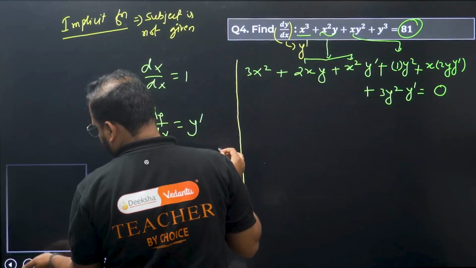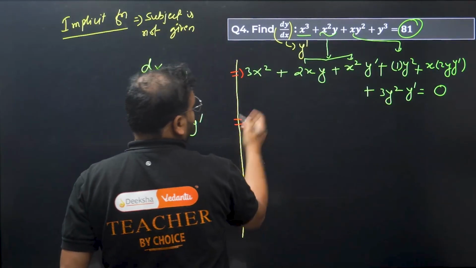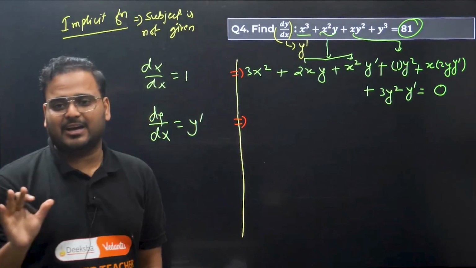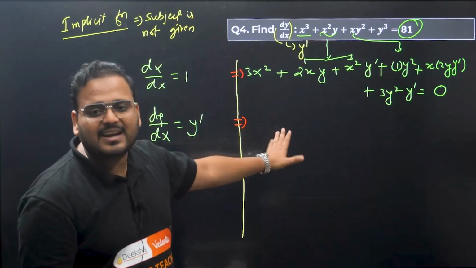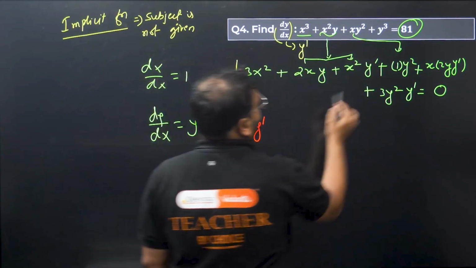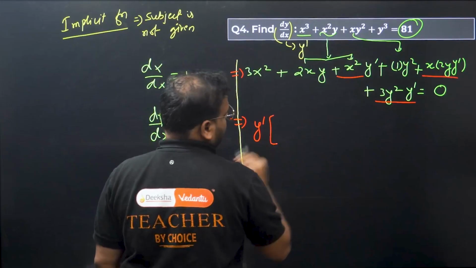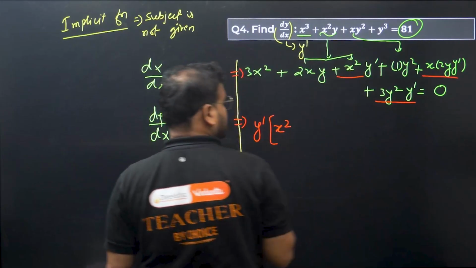Next step is to simplify, because we are looking for the y dash value. So we'll keep the y dash terms on this side and put the rest on the other side. The y dash terms are here, here and here. I'm taking y dash common. In the first term, x square is left.